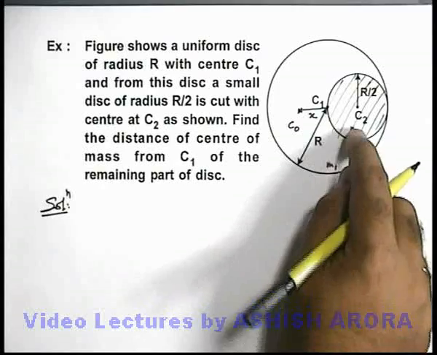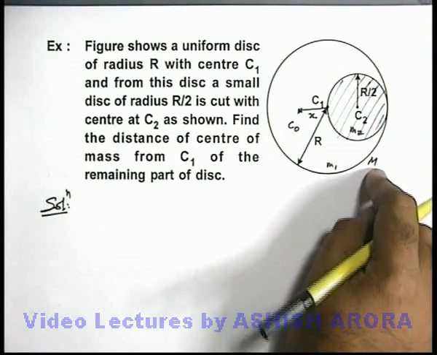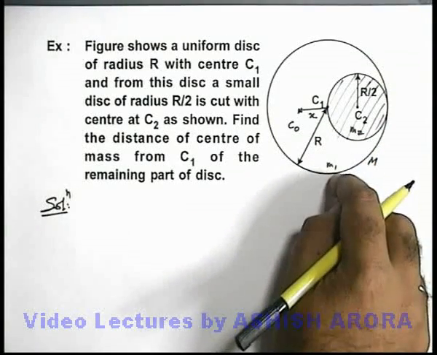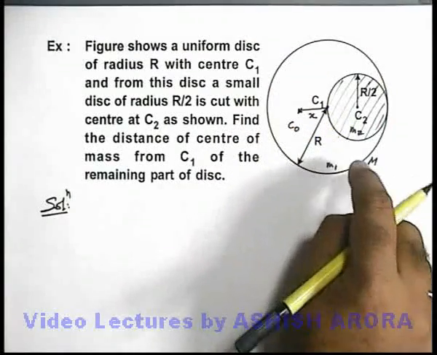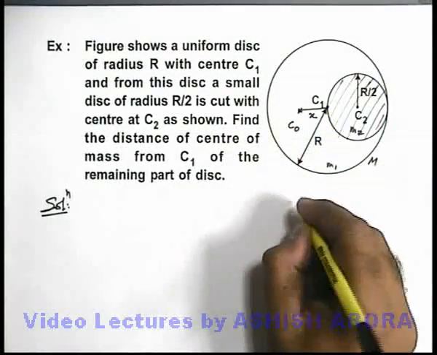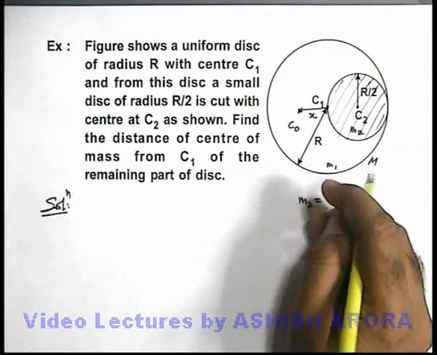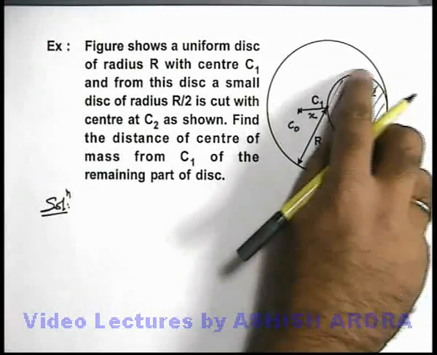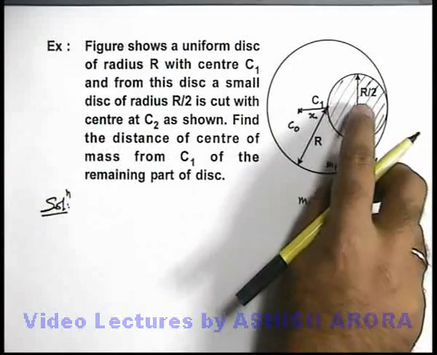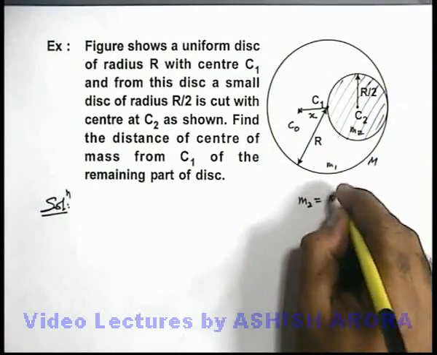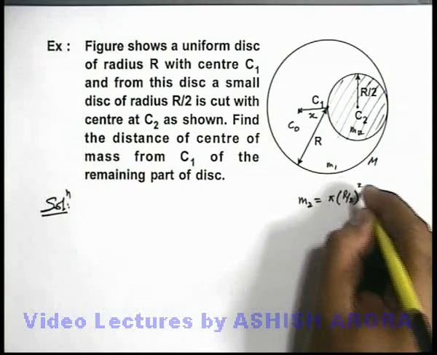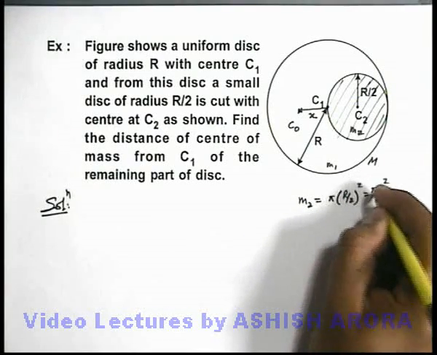And we can write m1 plus m2 will be m. Here m1 and m2 can be considered as masses proportional to the area of individual segments. So here m2 can be written as it is proportional to the area of the smaller disk which is cut and removed. So we can see the area will be pi into r by 2 square, this is pi r square by 4.